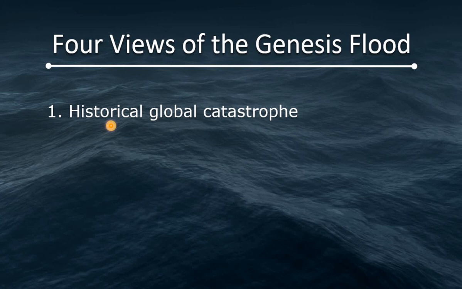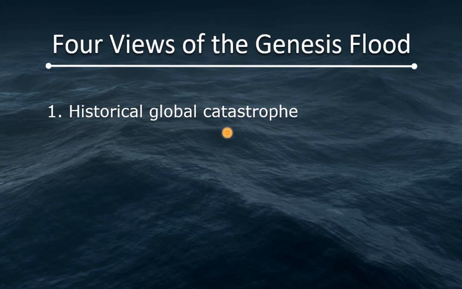It really happened in time and space in Earth's history. It was global and covered the entire planet, like we talked about last week. There was no dry land anywhere when the flood reached its highest point. It was a catastrophe, and it was a flood of unimaginable, catastrophic destruction.